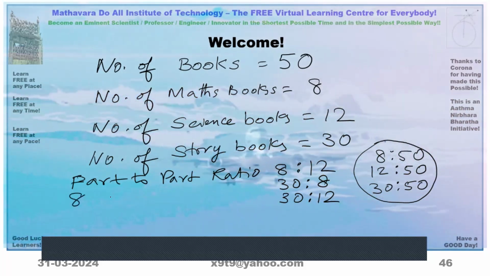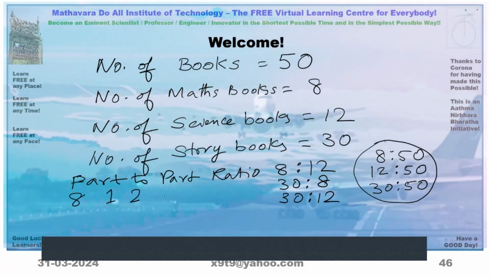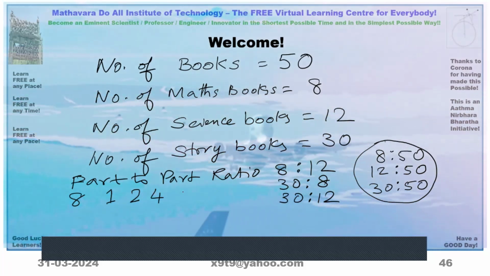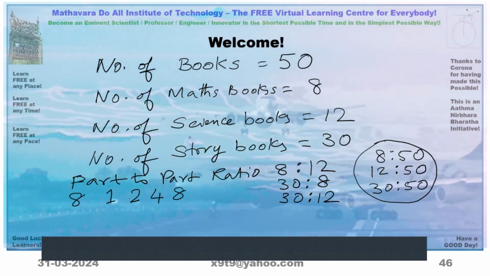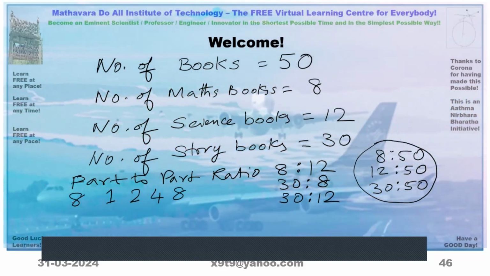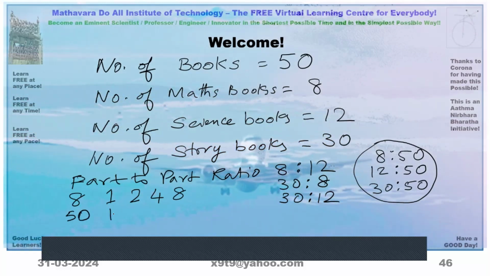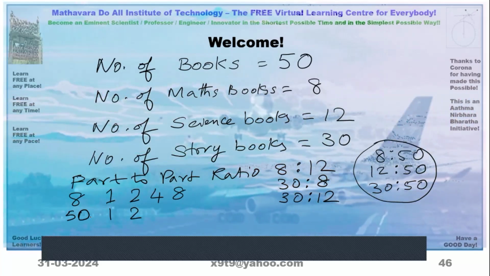See, for 8 we can use 1, we can use 2, we can use 4, we can't use more, we can use 8 also. Divide 8 by 1, 8 by 2, 8 by 4, 8 by 8. So 2. 50 means we can divide by 1, divide by 2, it will give 25.